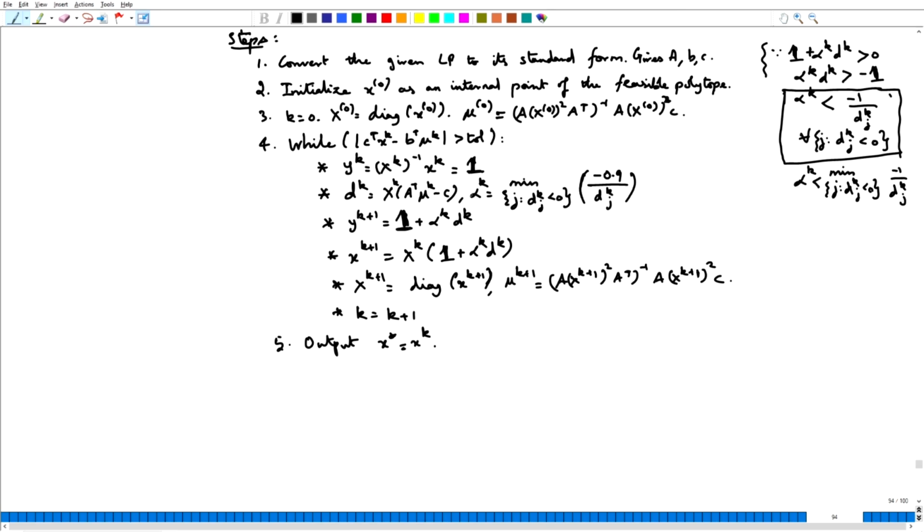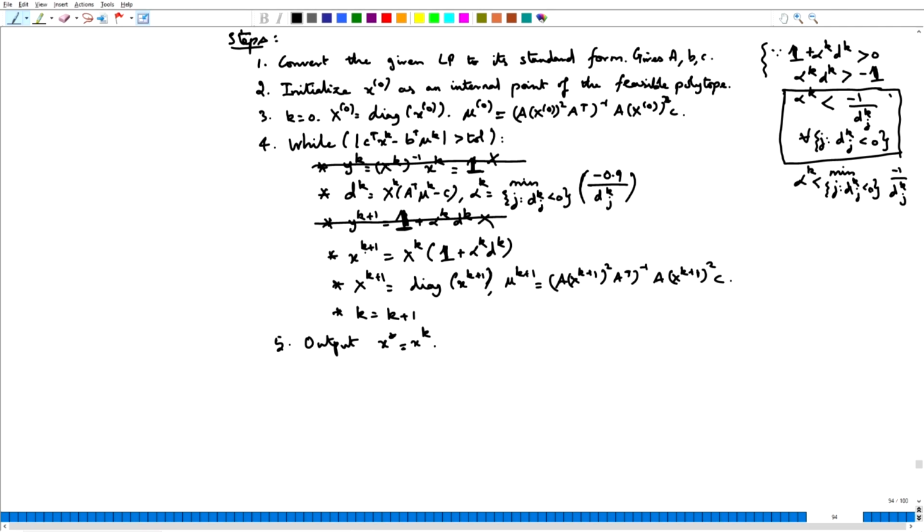When you look at this as an algorithm, you can see that these two steps are not required, because you are not going to write them. yk you are not using anywhere, and similarly yk plus 1, instead of writing yk plus 1, you can just write it as 1 plus alpha k dk. So, we will remove these two steps. And x k plus 1 is just capital X k into 1 plus alpha k dk.